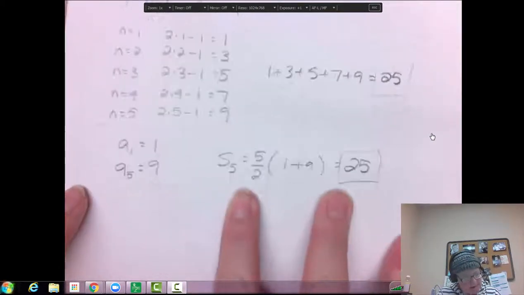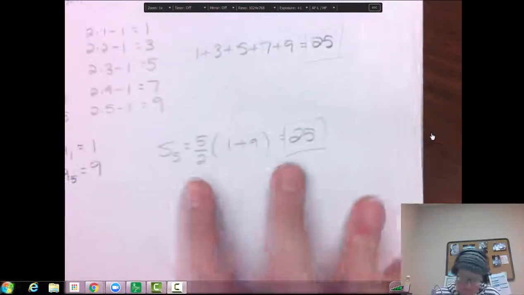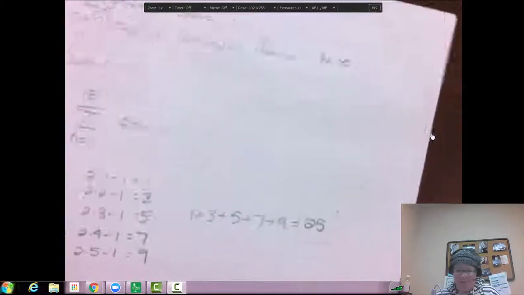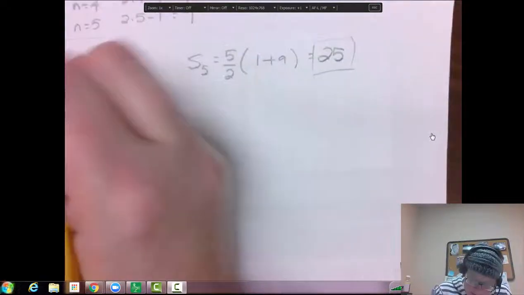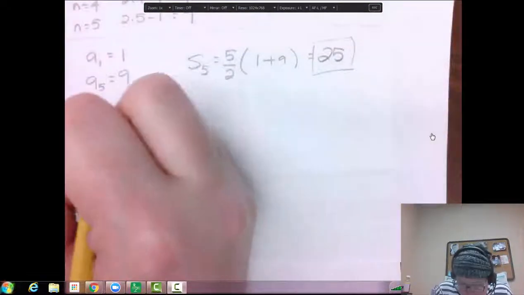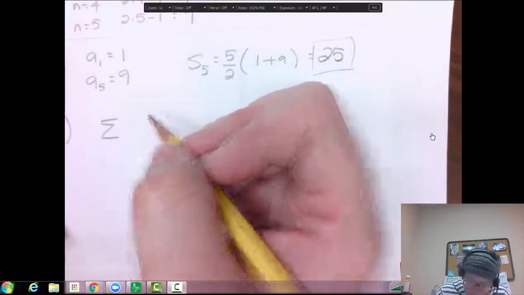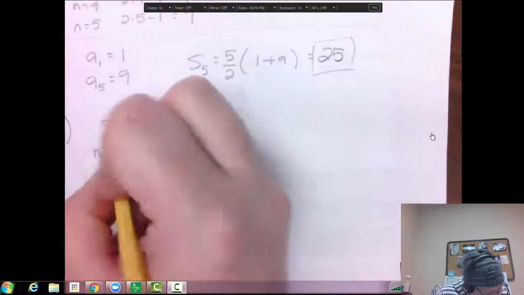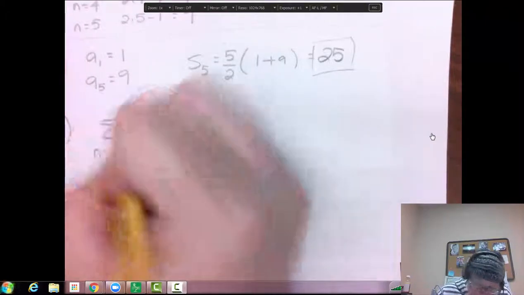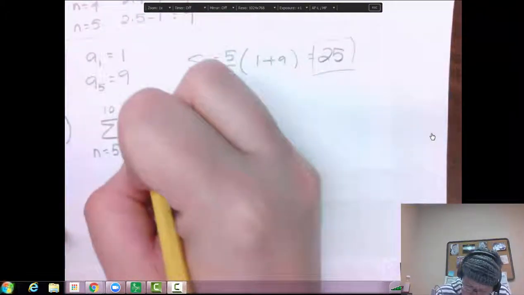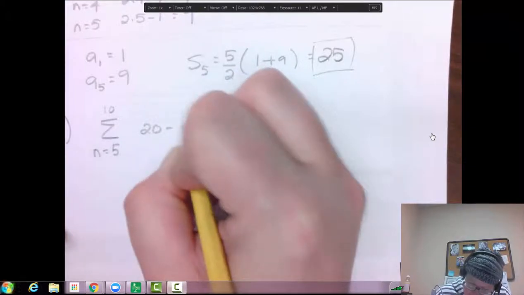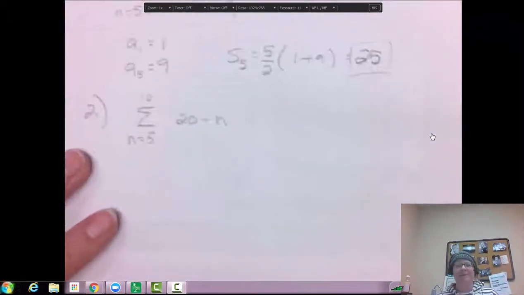Okay, let's do another problem. Okay, so my second one using the summations. What if I say I'm going from n equals 5 to 10 of 20 minus n? All right, there's our problem.